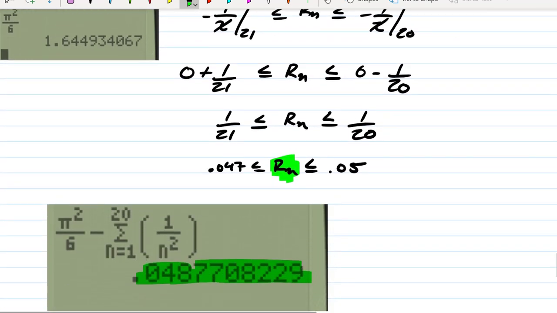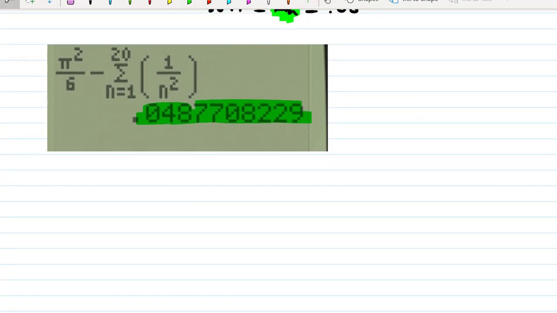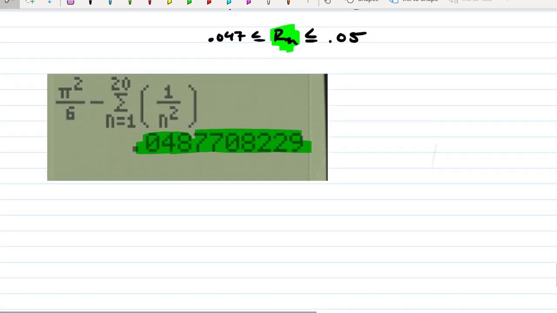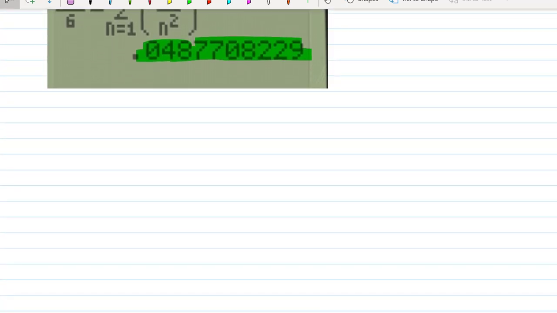So that means we want the error, or the difference between these things, to be less than 0.0001. Okay, so how are we going to do that?